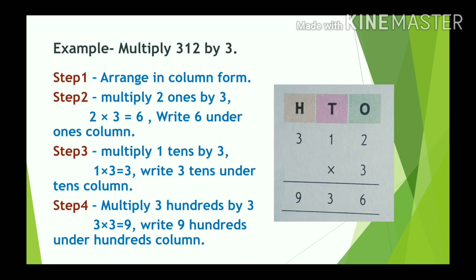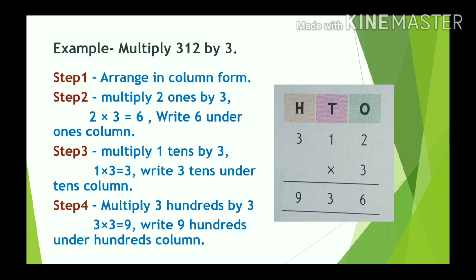Here we have arranged 312 under the ones, tens and hundreds place column-wise, and then multiplied 3 into 2 first, so we get 6. We will write 6 under the ones column.